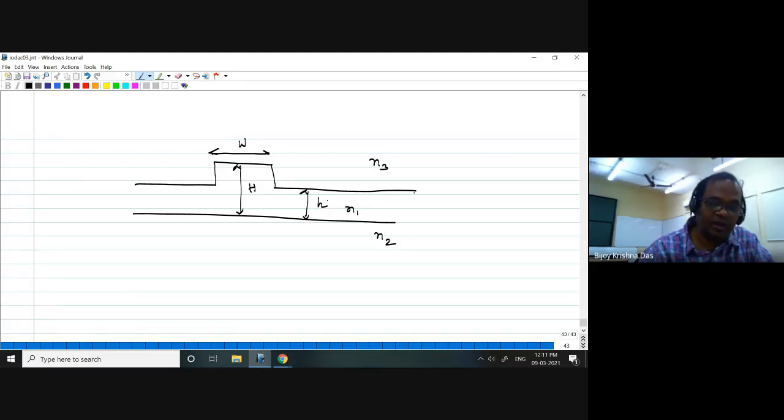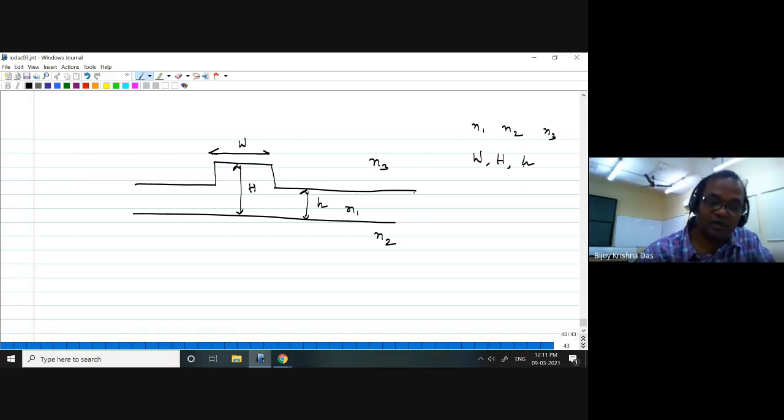So these are the three parameters. We need three material parameters, N1, N2, N3, depending on whatever you use. It need not be silicon, anything else you can consider, but this is the typical example I have taken. And another two parameters are W, H, and small h.